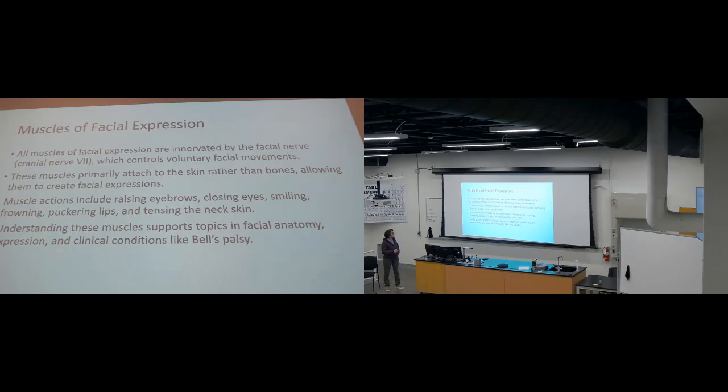So, as a commonality, these muscles are innervated by cranial nerve number 7, which is the facial nerve, if you remember. And these muscles mainly are attached to the skin rather than bones, which allows them to create the facial expressions.